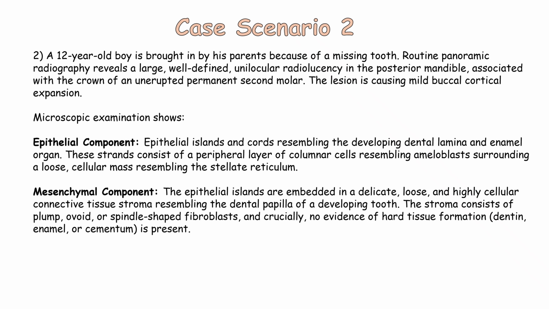Next case scenario. Answer is ameloblastic fibroma. Why ameloblastic fibroma? In this case, it is mentioned as a 12-year-old boy, which is adolescent. In the adolescent age group, ameloblastic fibroma and adenomatoid odontogenic tumor are mainly seen.